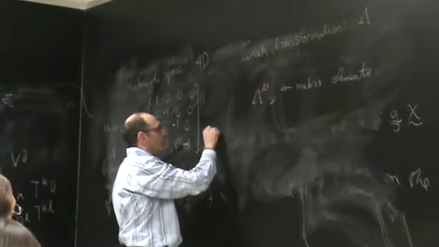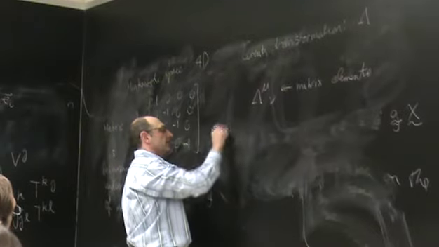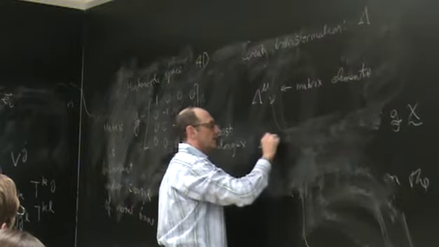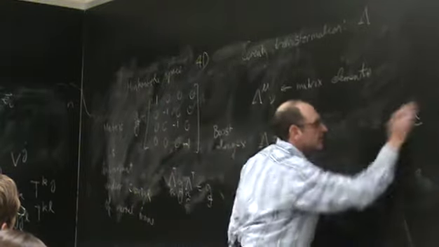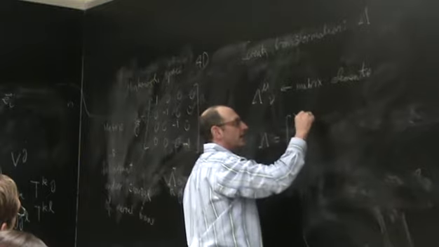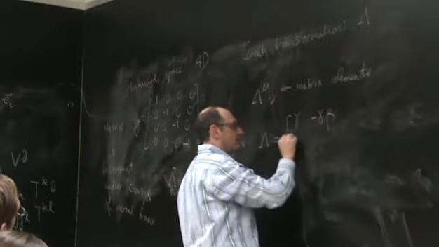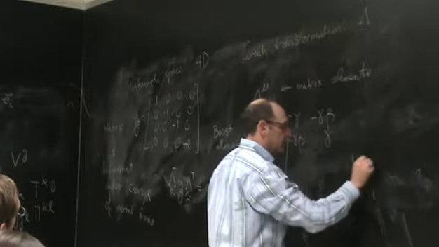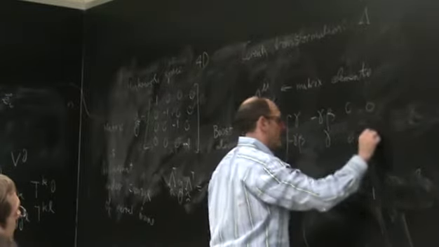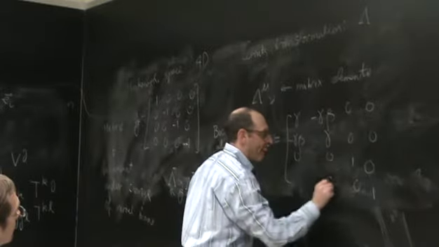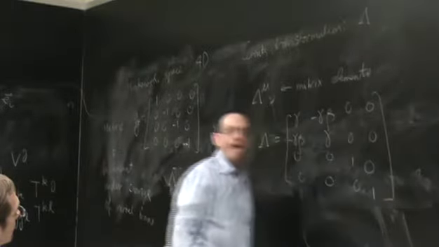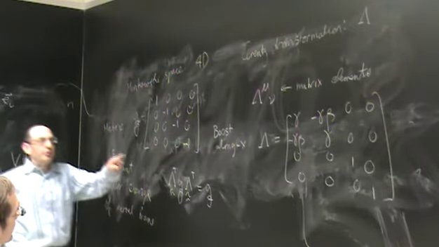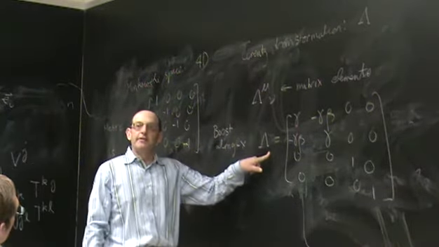And the matrix, for example, a boost along x was gamma, minus gamma beta, minus gamma beta, gamma, 1, 1, 0, 0, 0, 0, 0, 0. This metric is preserved under these transformations.